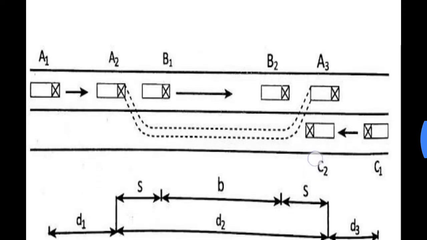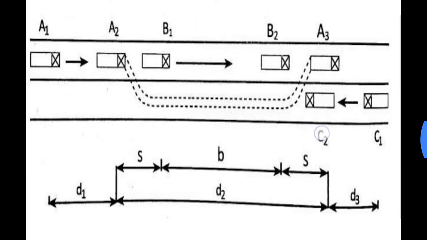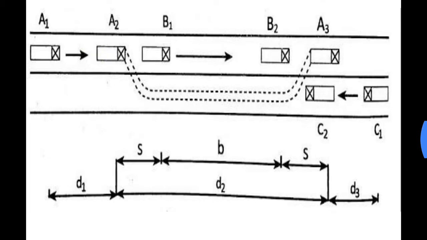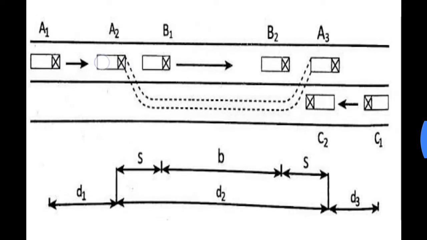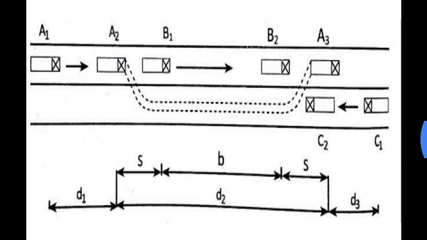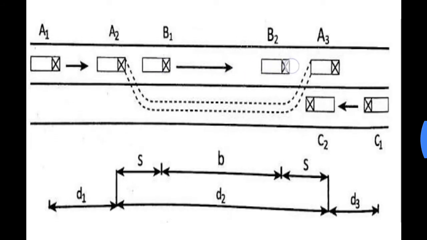Now let us have a look at this picture here. A is the overtaking vehicle, traveling at design speed V, capital V. B is the overtaken vehicle, traveling at a slower speed.